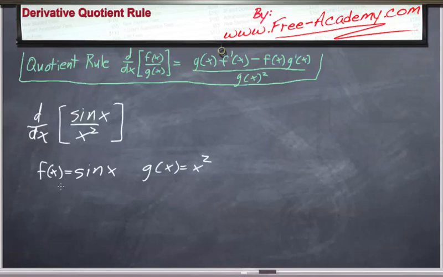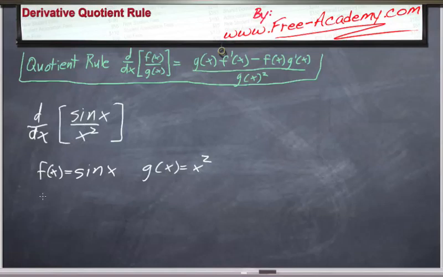Now notice I said we assign f of x and g of x. We could have called the top a of x, the bottom b of x, or the top g of x and the bottom z of x. It doesn't matter as long as we're self-consistent with our formula. Whatever function you use as the bottom goes where you have g in the formula. Whatever function you use on the top goes where you have f in the formula.